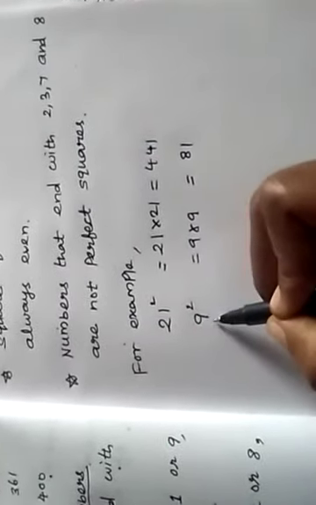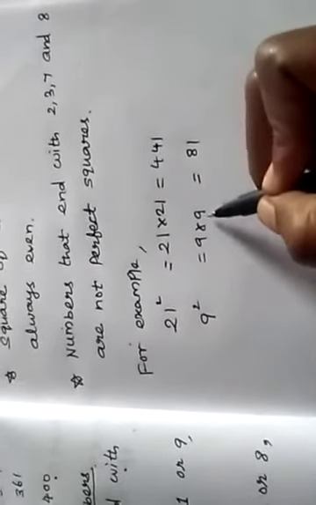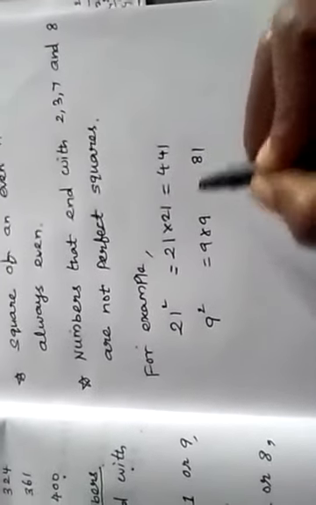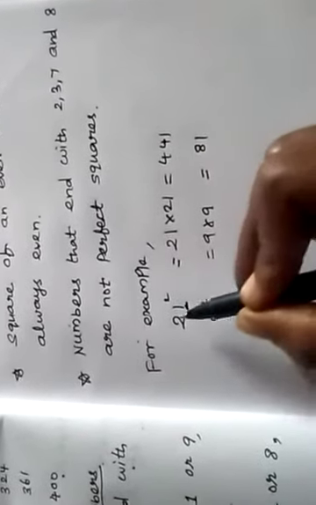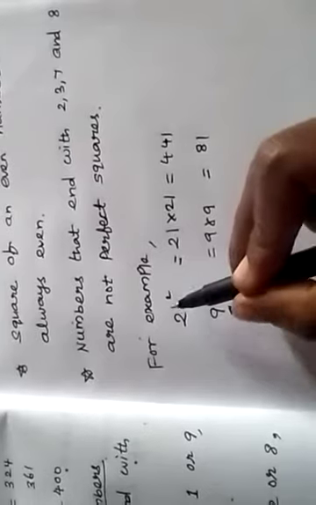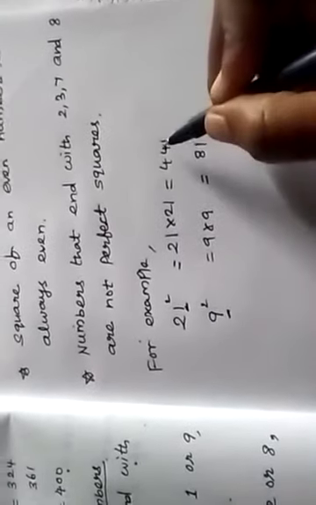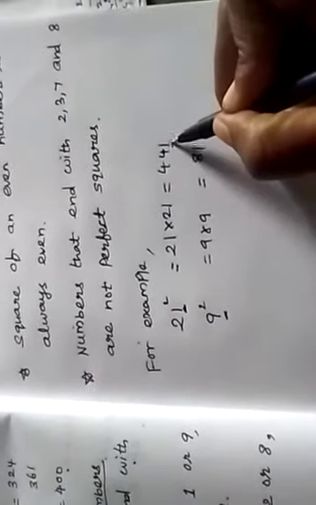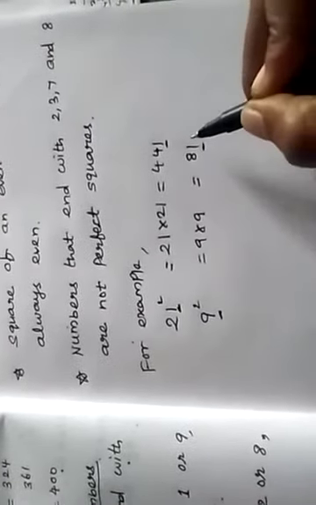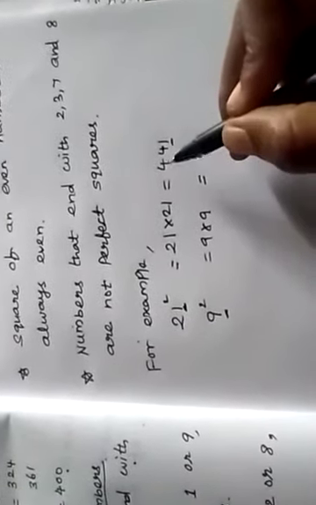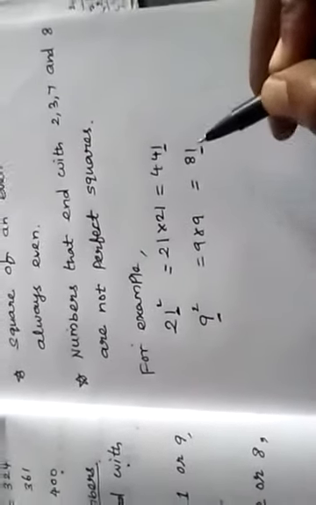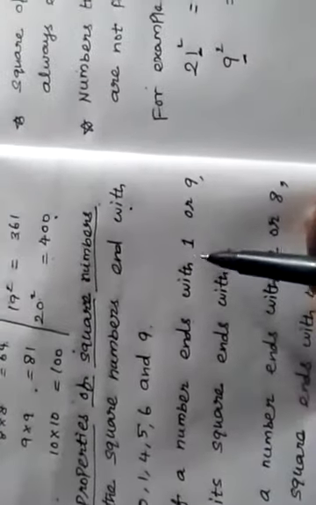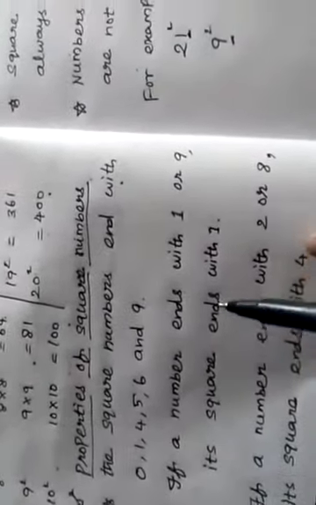Again, we take 9: 9 squared, 9 into 9, is 81. So if the given number ends with 1 or 9, that square ends with 1 only.